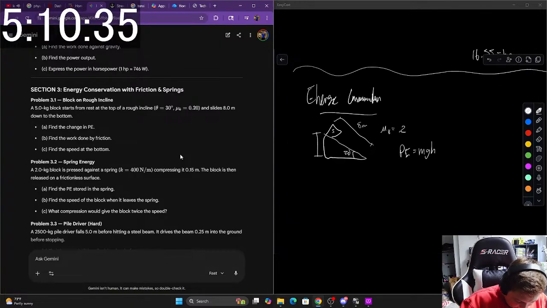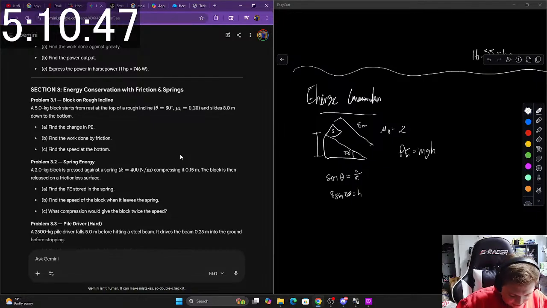So sine theta equals opposite over hypotenuse. What we're trying to find is h, so 8 sine 30 equals h. 4 meters.